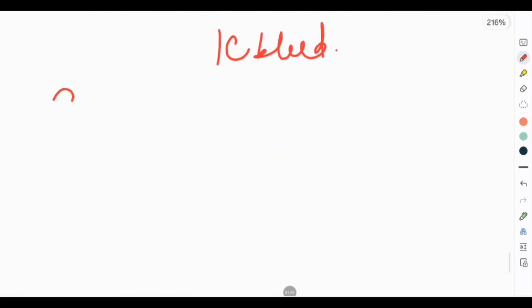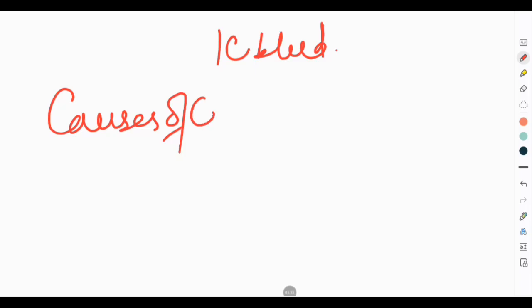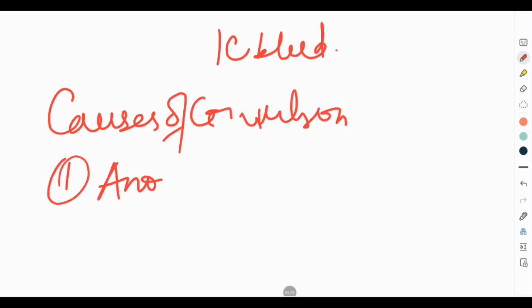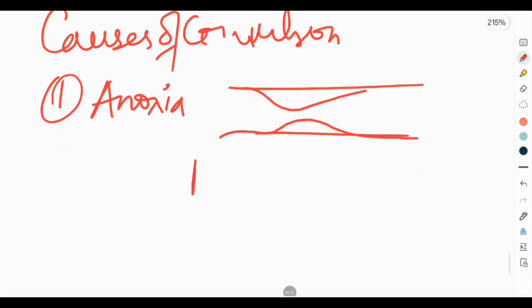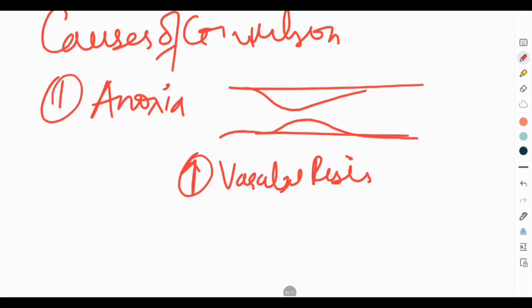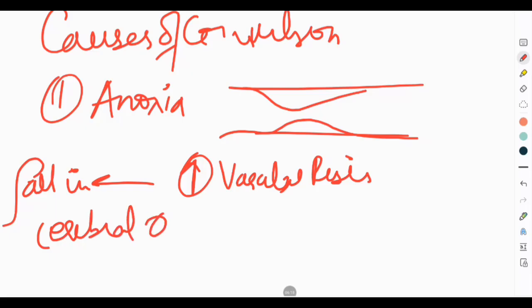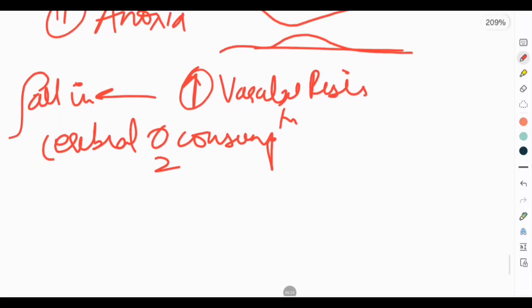Then causes of convulsion are anoxia, cerebral blood vessel spasm, increase in the resistance, fall in cerebral oxygen consumption, anoxia.